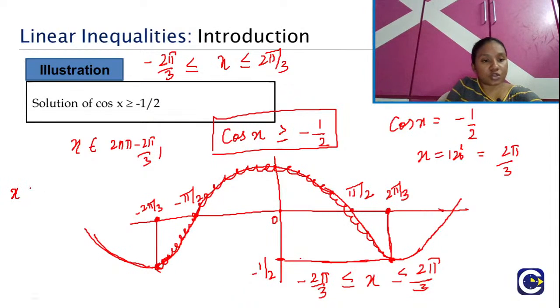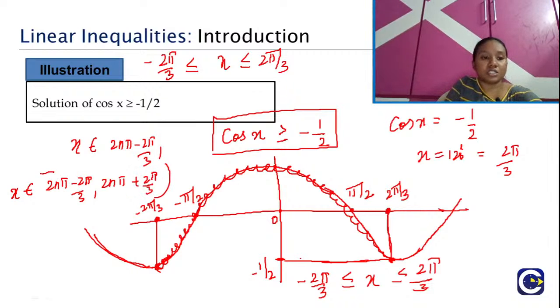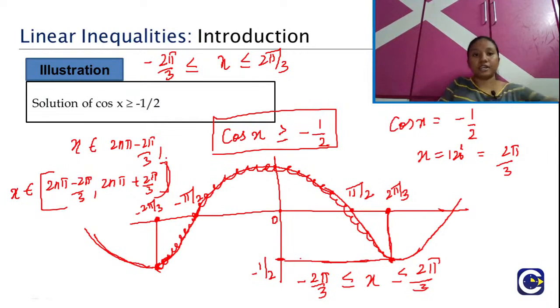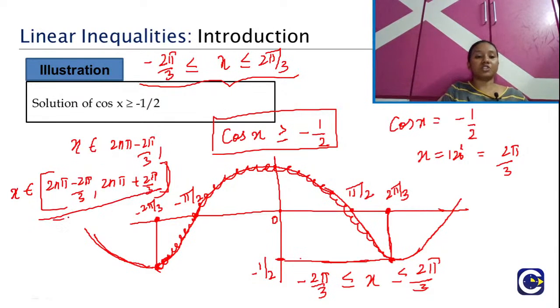So my generalized solution will be x belongs to 2n pi minus 2 pi by 3, comma 2n pi plus 2 pi by 3. So this will be my generalized solution because this will be included. So closed brackets. Right. So this will be the regular solution, we can say principal solution. But if we want to write the generalized solution, we'll be picking up from our cos theta equal to cos alpha, and this will be our generalized solution.